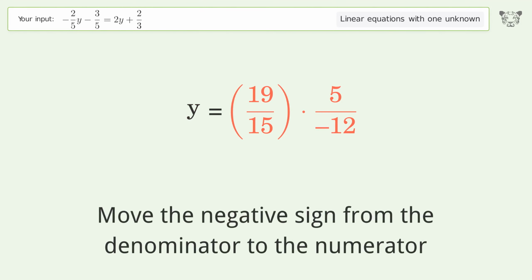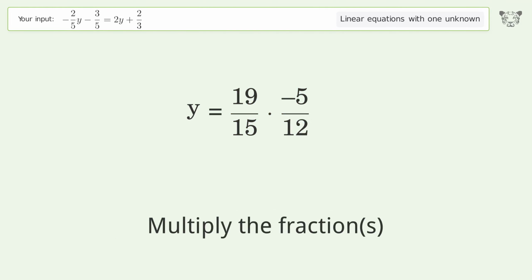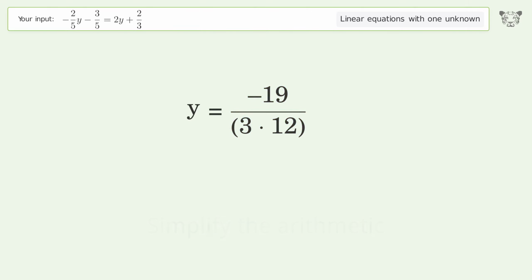Move the negative sign from the denominator to the numerator. Multiply the fractions. Simplify the arithmetic. And so the final result is y equals -19/36.